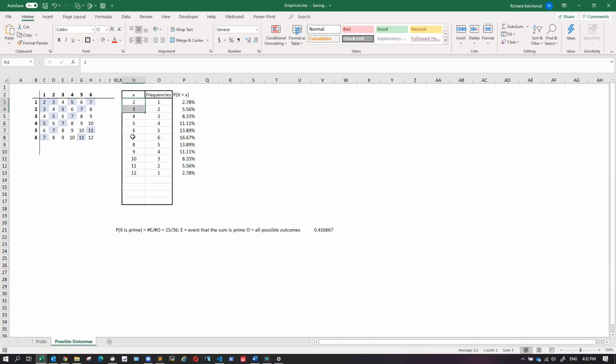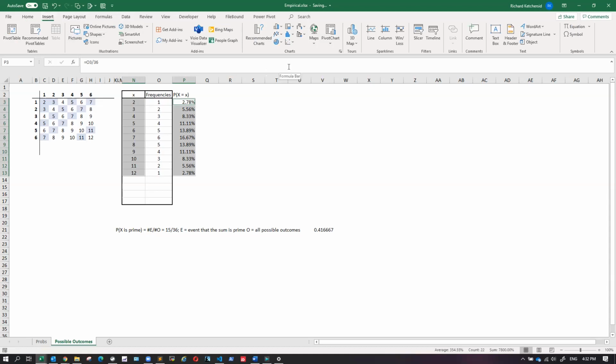And we could even plot these things. Here are my possible outcomes and here are my probabilities, right? And I could plot these. What's the best way to plot these? How could I plot these as individual bars? I'm trying to think, how do I want to plot these?